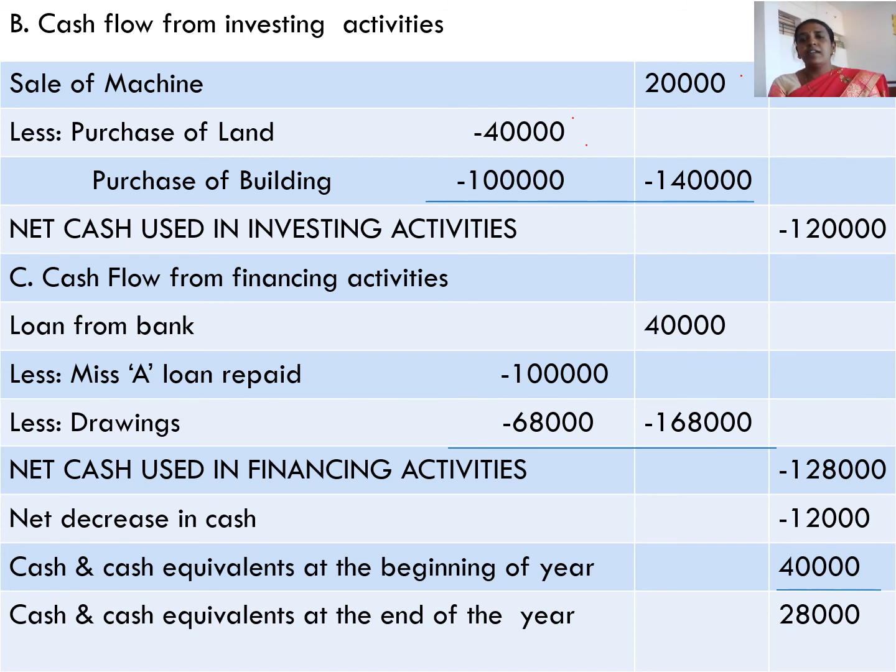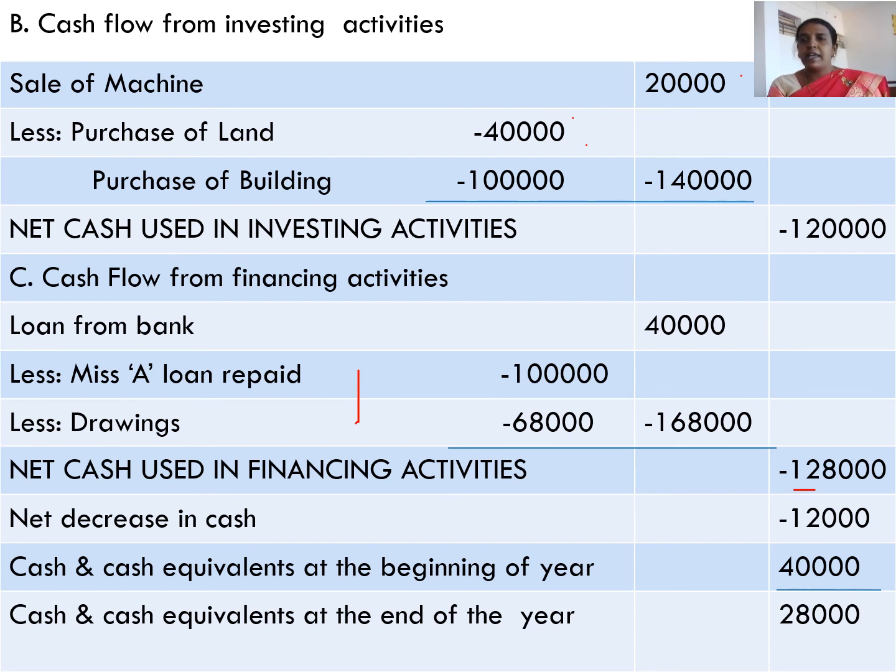It means there is an outflow of cash from both these activities, so we have taken them with a negative sign. So the total is minus 1,60,000, and the net cash used in financing activities is rupees 1,28,000. This means there is a total cash outflow to the extent of rupees 1,28,000 from financing activities.